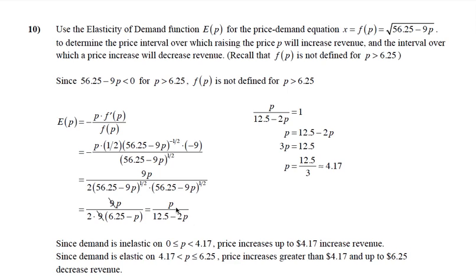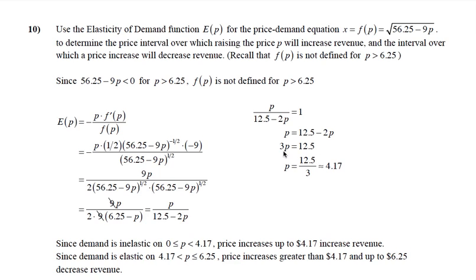And so that is our elasticity of demand function, and we need to set that equal to 1 to find the price that gives us unit elasticity, because when the elasticity of demand is equal to 1, that price is the price at which we have unit elasticity. That's very easy to do, since it's just a linear function. We multiply both sides of the equation by 12.5 minus 2p, and that leaves us with p equals 12.5 minus 2p.